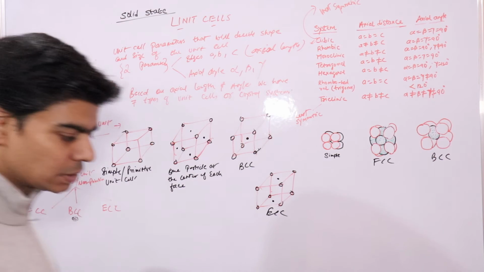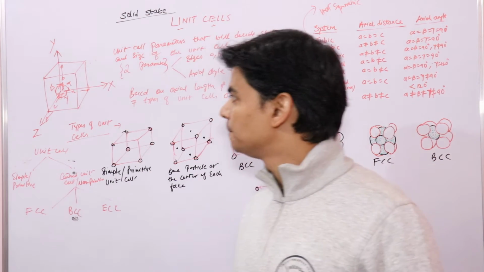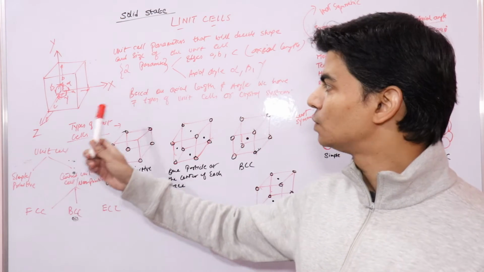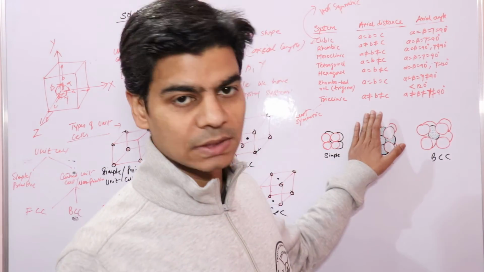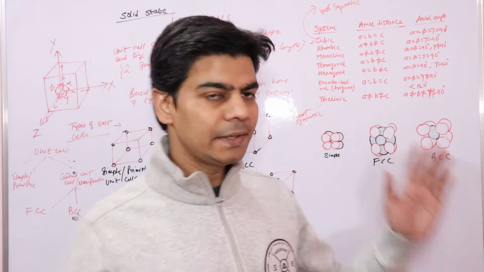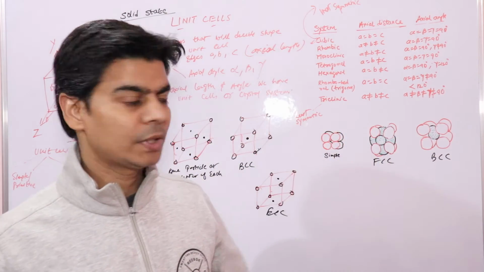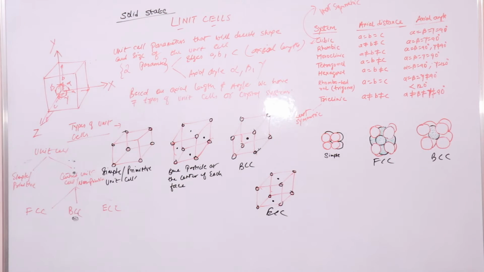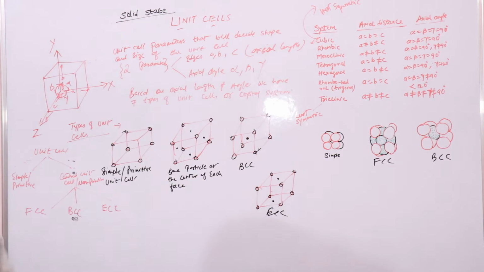In the previous video lecture, we understood what a unit cell is, and the unit cell parameters. Based on unit cell parameters, we have these 7 crystal systems, and any crystal belongs to one of these crystal systems. The unit cell parameters decide the shape and size of the unit cell.